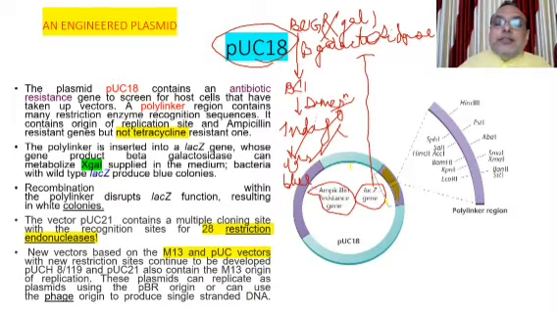If the lacZ gene is present, then the organism, that is the E. coli, which is harboring this pUC18 vector, in the presence of X-gal will give blue color. That's all. Because BCIG will be transformed into BCI, and dimerization of BCI will give rise to indigo, and indigo will give blue color.